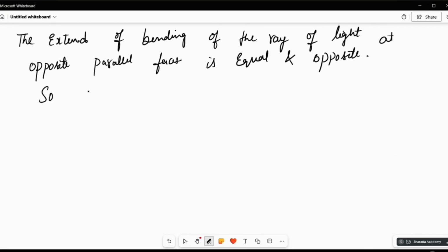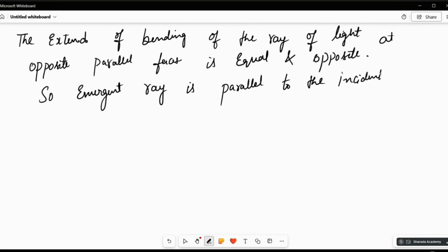So the emergent ray is parallel to the incident ray, but shifted sideways slightly.